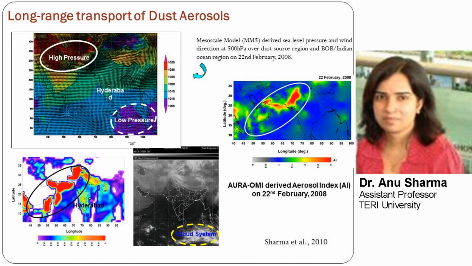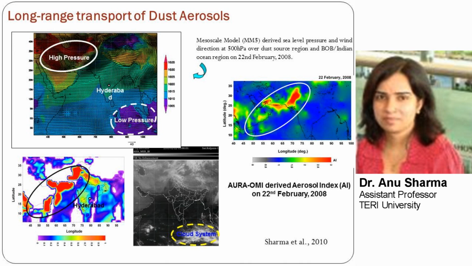But most of the time it has been found that whenever there is a cyclonic system, a low pressure system in the Bay of Bengal, it mostly pulls up dust from the desert region, and the absorbing aerosols present in the atmosphere are mostly replaced by the dust aerosols.